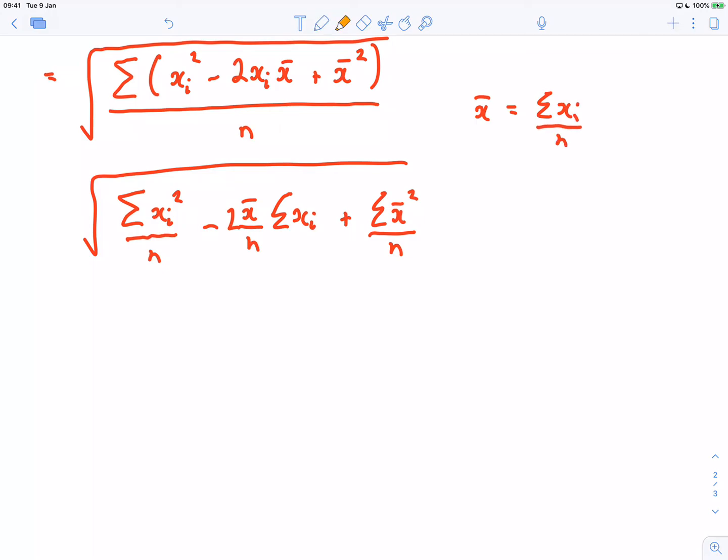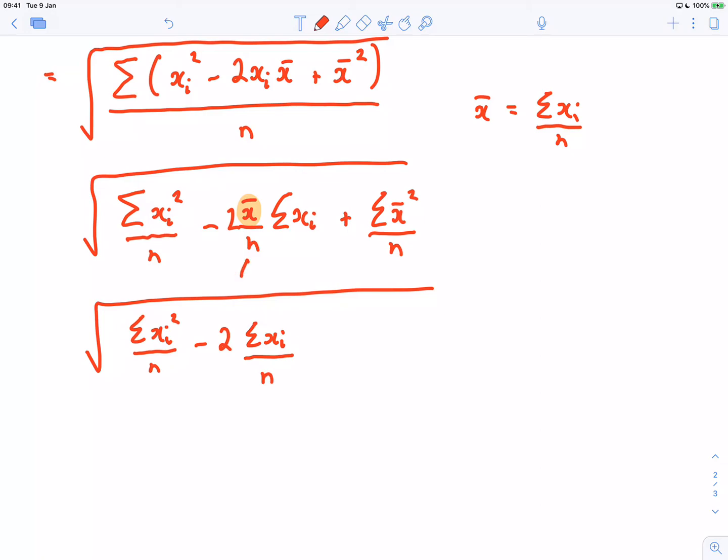So I can replace this, so it will become the sum of xi squared over n minus 2 lots of, now x bar is the sum of xi over n, but there's another n here, so that's going to be over n squared, and because I'm multiplying it by the sum of xi again, this is going to be the sum of xi all squared, like so.